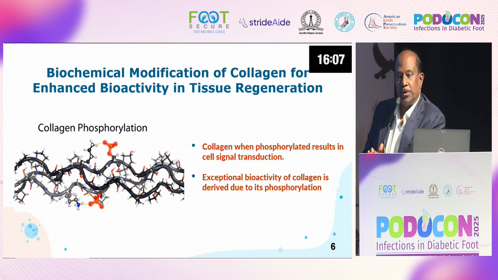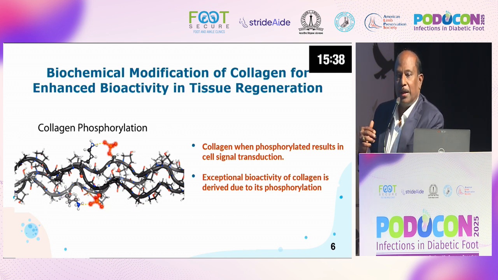So each tissue of our system has the ability to get repaired by that particular cell line. For example, the skin has epithelial cells, the muscles have myoblasts, and for the bones you have the osteoblasts.